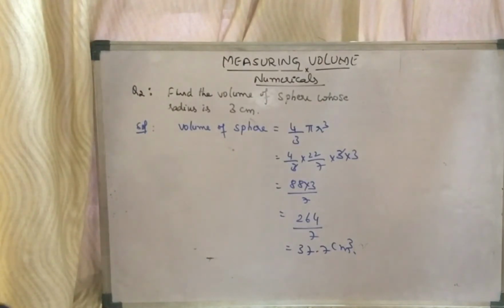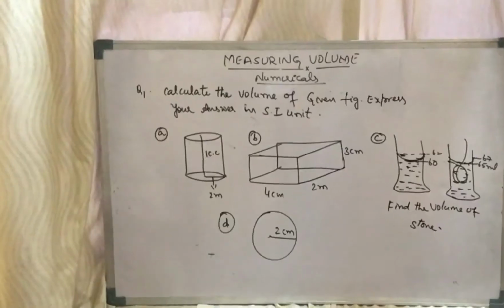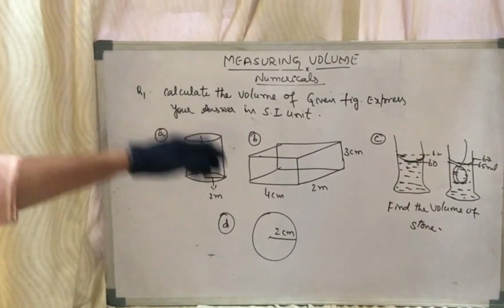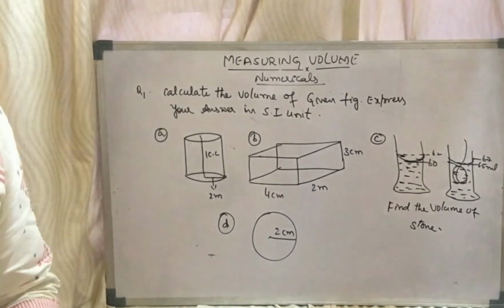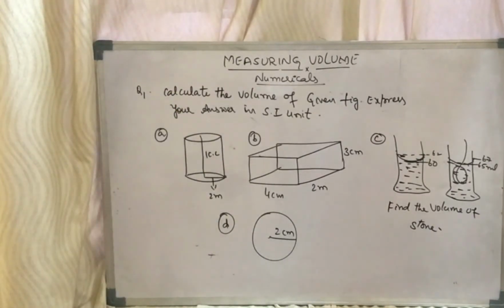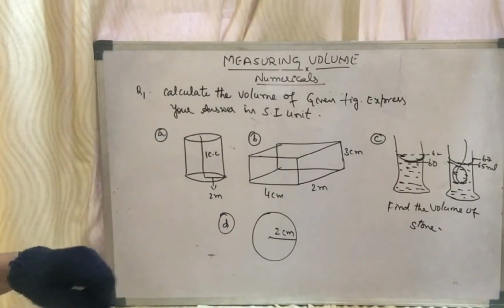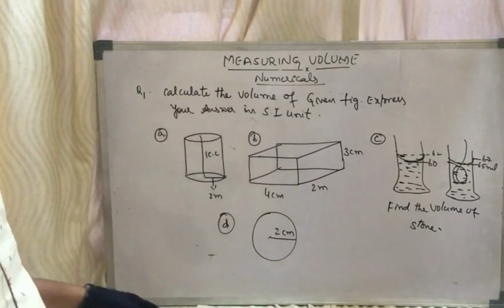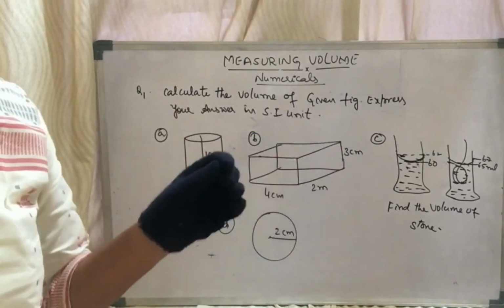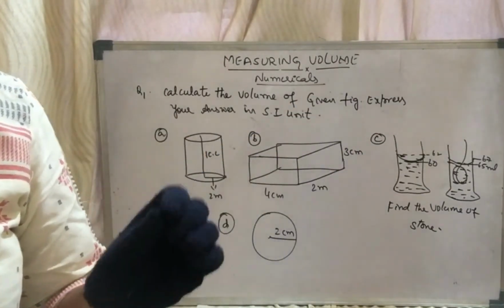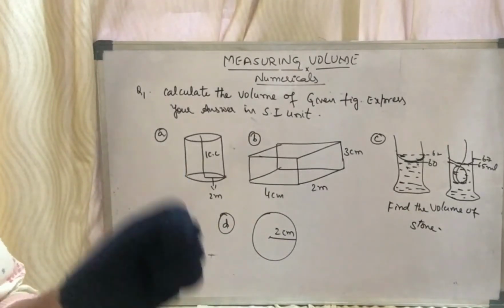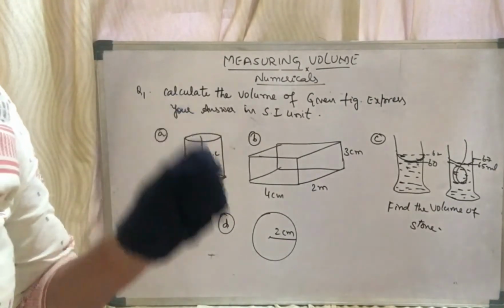I hope you have understood how to solve the numerical. Let me give you a few numericals so that you can try on your own. Please take down the numerical questions. Do it on your own. If you have any problem in solving any numerical, post it in the comments, and I will come back to you. Calculate the volume of the given figures, and each answer you have to express in SI unit, the standard unit, that is in meter cube.